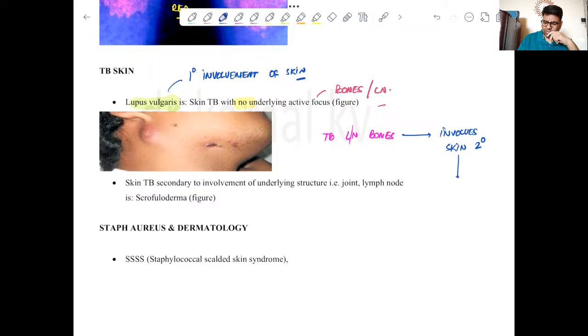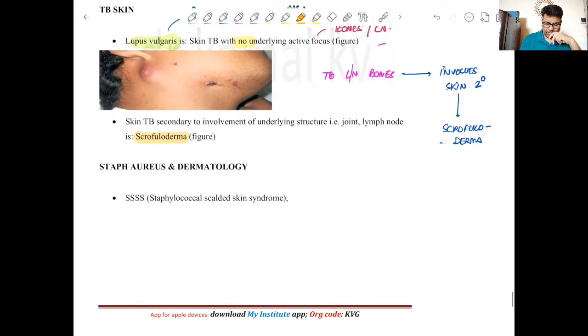This is known as scrofuloderma. Clear? So this is the basic difference between the two varieties. Lupus vulgaris, no underlying structure involvement, and in scrofuloderma, it is actually the TB of the underlying structures which later involves the skin secondarily. So two varieties of TB skin.